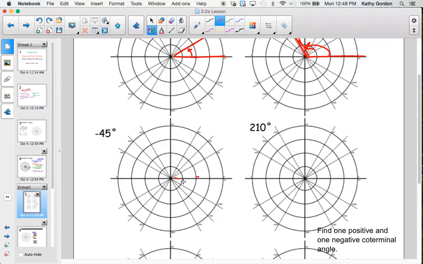Try it a little more angled instead of straight up like that.